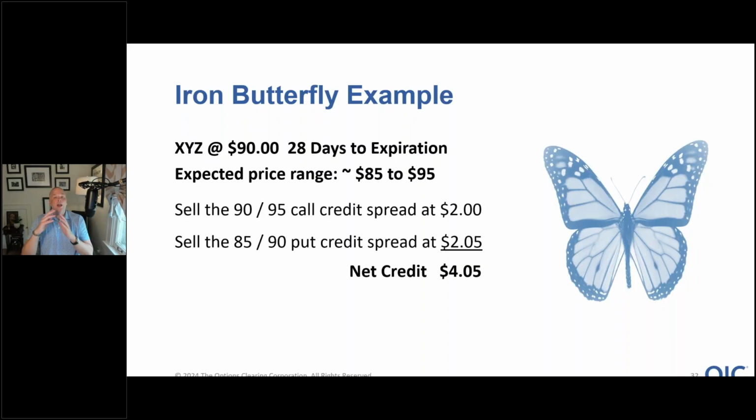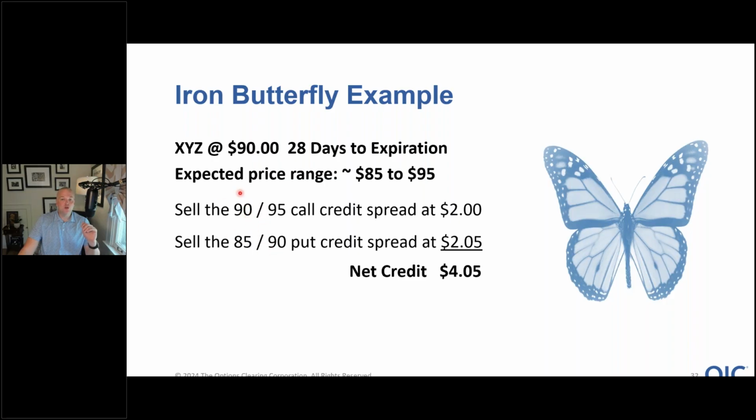So one possible Iron Butterfly example is selling the 90-95 call spread for $2 and selling the 85-90 put spread for $2.05. One thing you're going to notice that is different than the Iron Condor is there's no difference between your two short strikes.